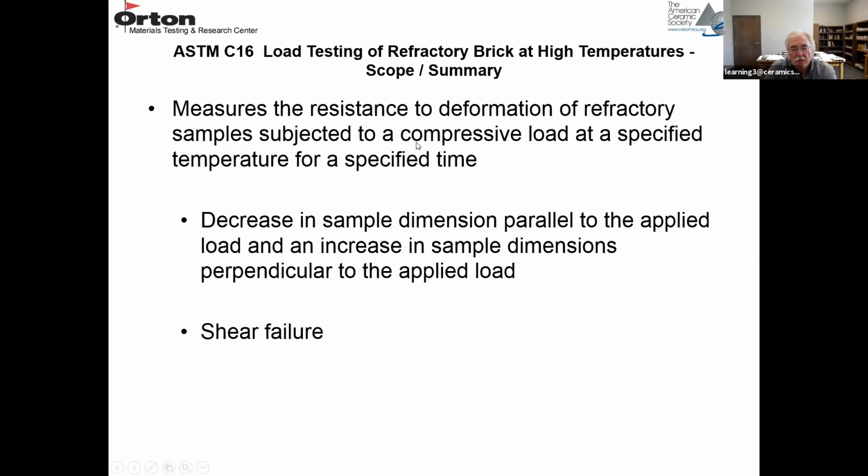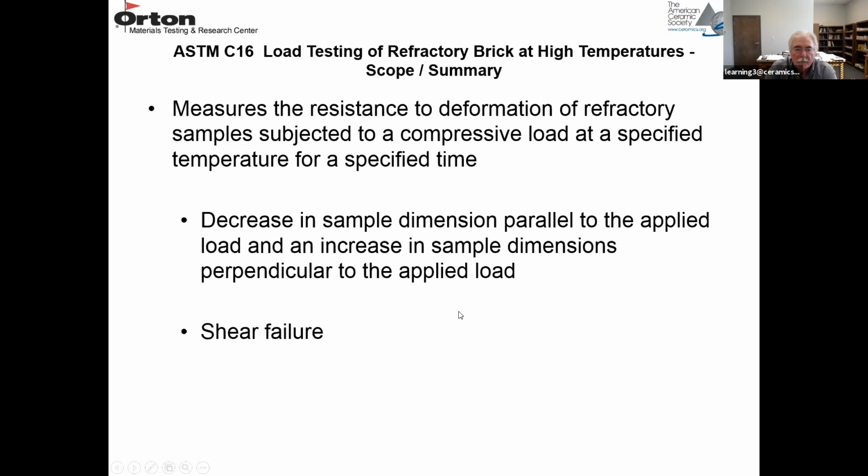So you load a sample in compressive creep, you hold it at some temperature for a certain time. And then you measure the decrease in the sample dimensions parallel to the applied load, and an increase in the sample dimensions perpendicular to the applied load. So in most cases, you're decreasing the height of the sample and increasing the cross section.